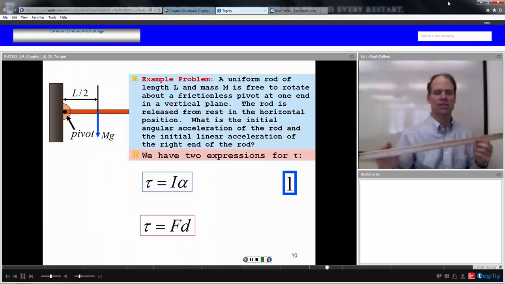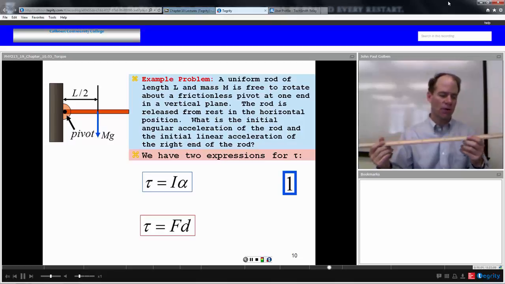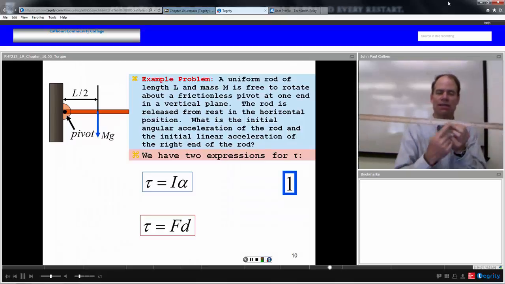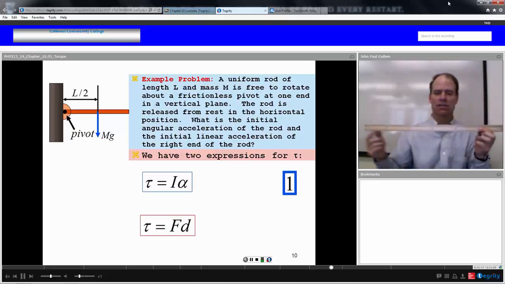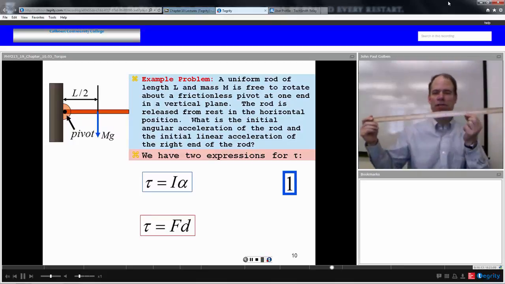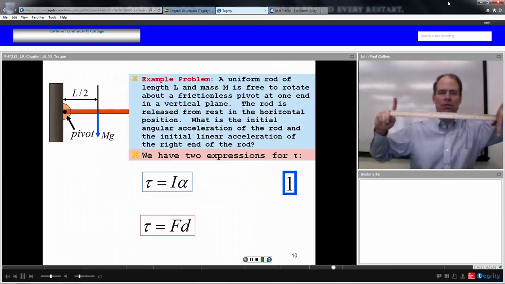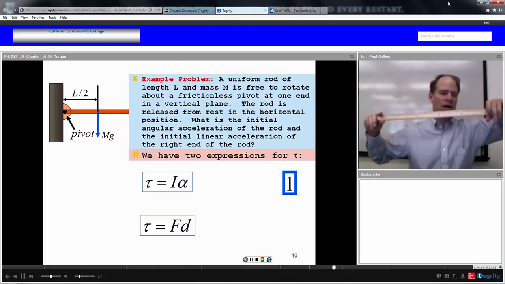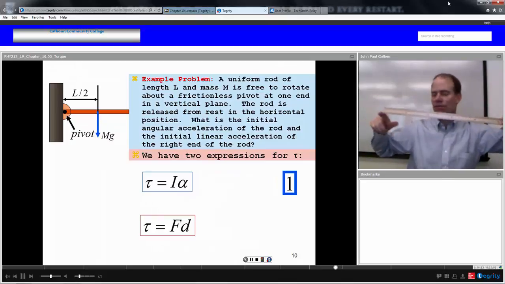In this case, our only external force is gravity, mg. And for the moment arm, we're going to treat gravity as acting at the center of mass of this rod, which would be right in the center. So it's going to be this force, mg, times the moment arm of L divided by 2, because the center of this rod is a distance L divided by 2 away from the pivot.